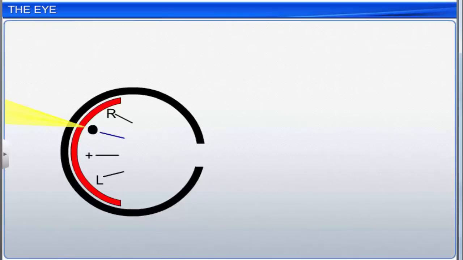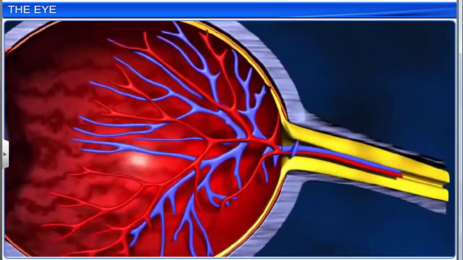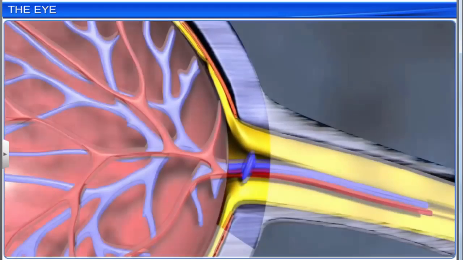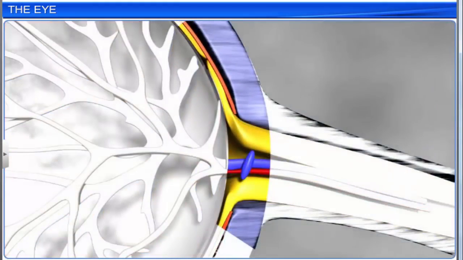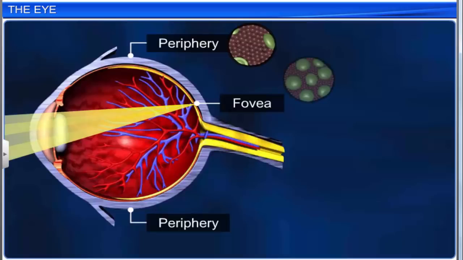Photoreceptor cells are absent in this region, and therefore no image forms in the blind spot. The posterior end of the eyeball, lateral to the blind spot, has a yellowish pigmented spot called the macula lutea, with a central pit called the fovea. The density of cones in this region provides the best visual acuity.